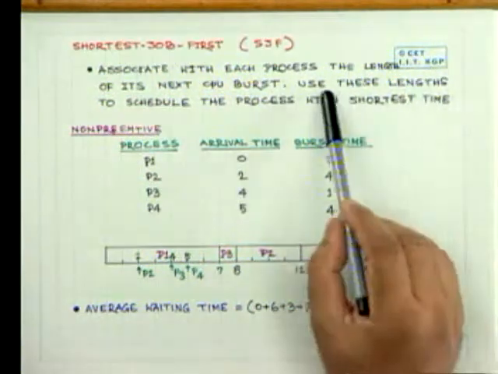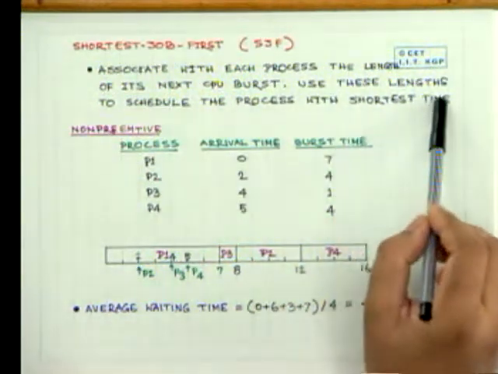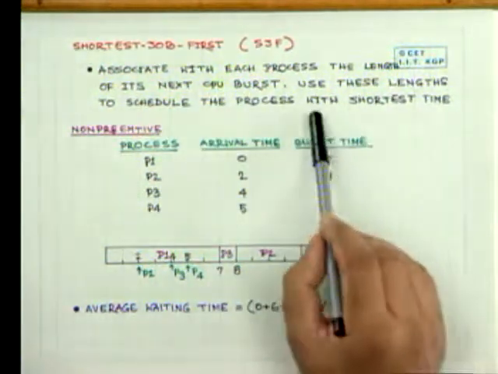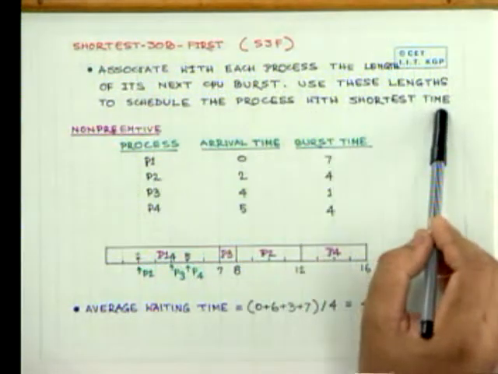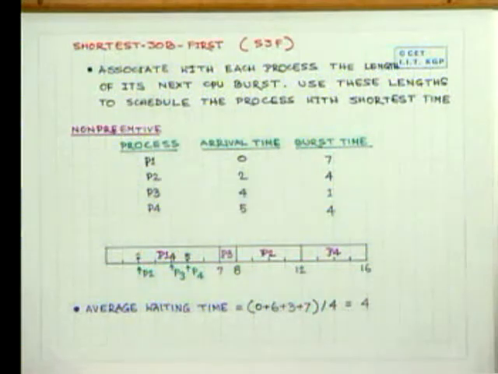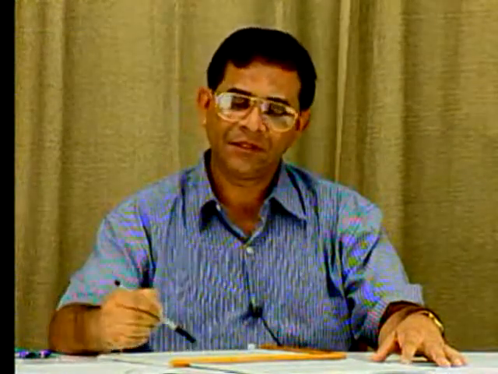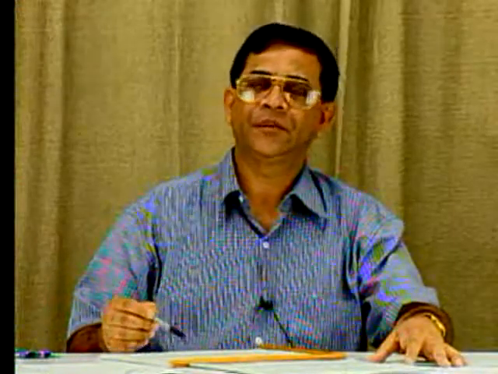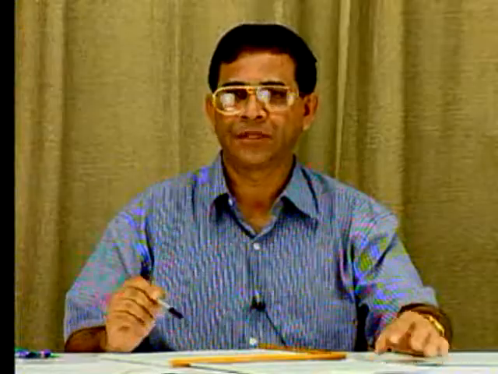We use these lengths to schedule the process with the shortest time. For example, several processes are in the ready state, and the next CPU burst time is kept associated with each. Whenever the question of selecting a process from the ready queue comes, we take that particular process which has the shortest CPU burst time.